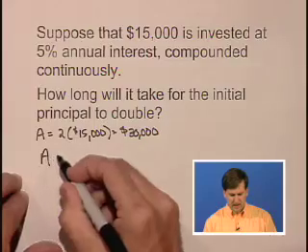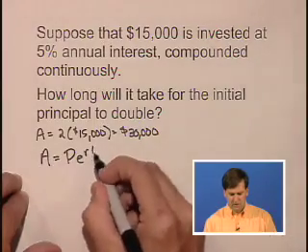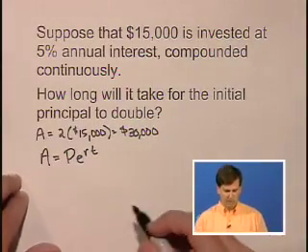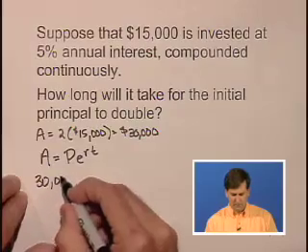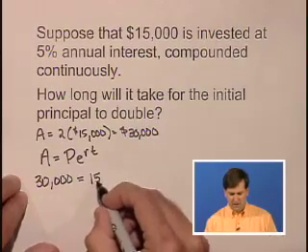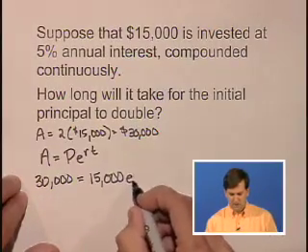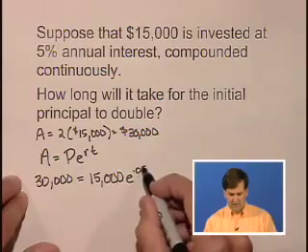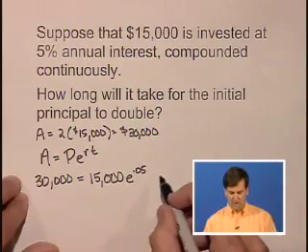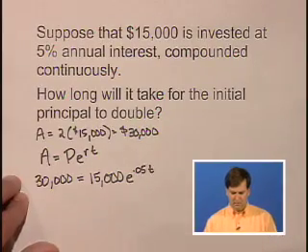We're still using the A equals Pe^(rt) formula. So we have 30,000 is equal to 15,000 e to the, I know the rate, that's 0.05, but what I don't know is t, the amount of time that this is going to take.